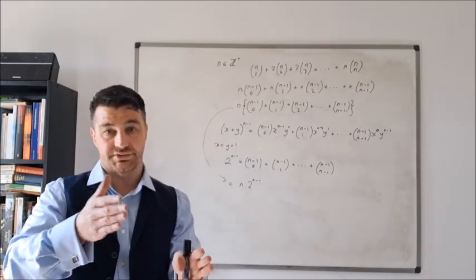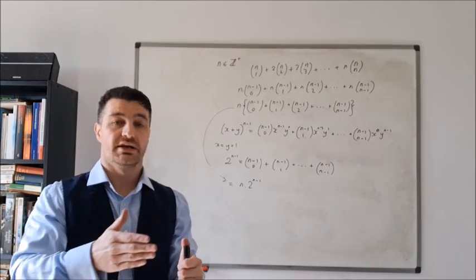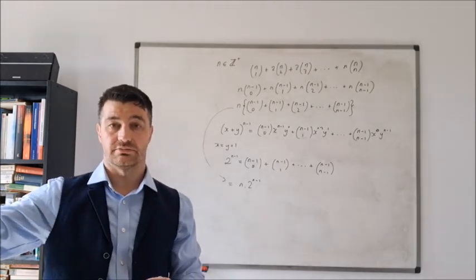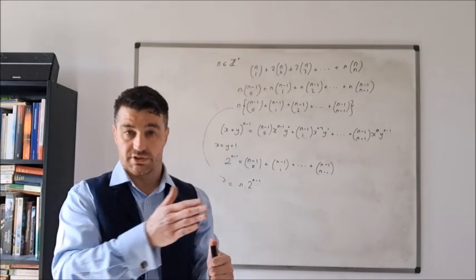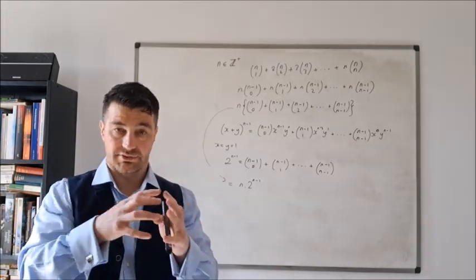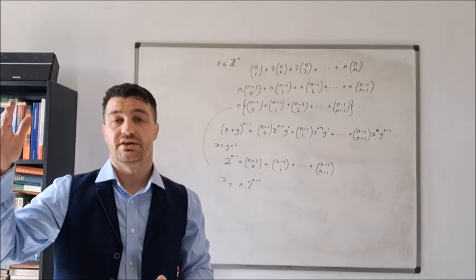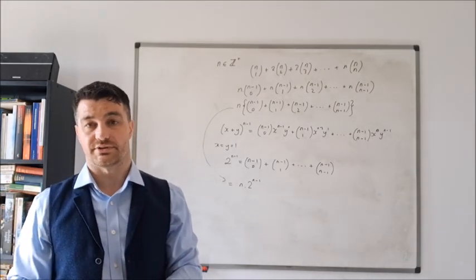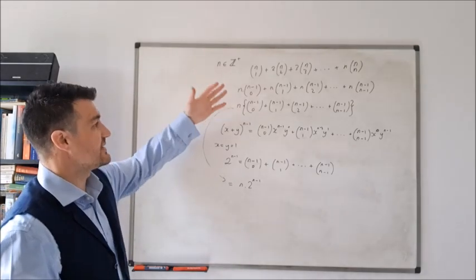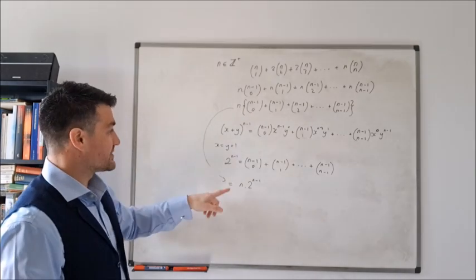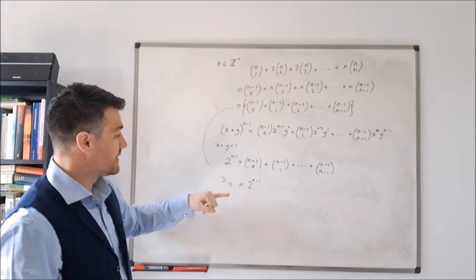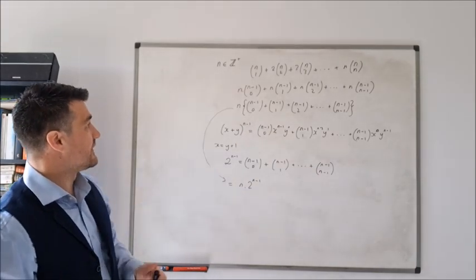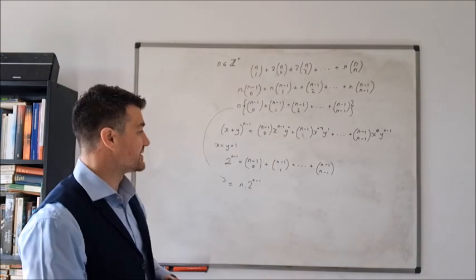If you've got valid logical steps at each stage in your solution, this can only lead to a valid logical conclusion. So if you trust the logic, then logically you have to trust that the conclusion is correct. I can't see anything wrong with the steps that I've taken here, so I'm happy with the logic. Therefore, I'm happy with the conclusion that this is true for all values of n, a positive integer.